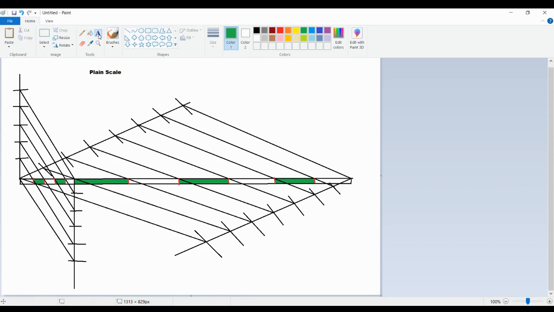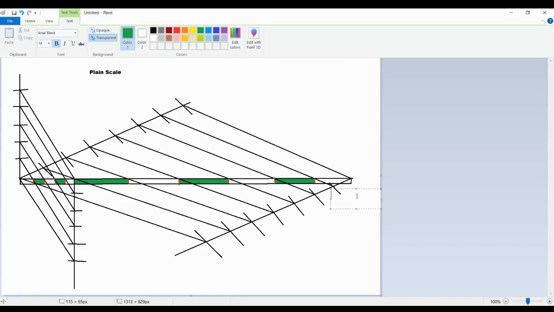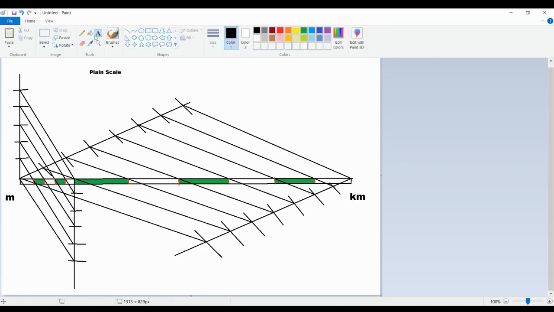Now we are going to be labeling this scale. It's important to mention the units. Alright, so this side we had the kilometer scale. Let me increase the font size a little bit. Alright, over here you had the kilometer scale, and this side was the meter scale. Now let us label them correctly.